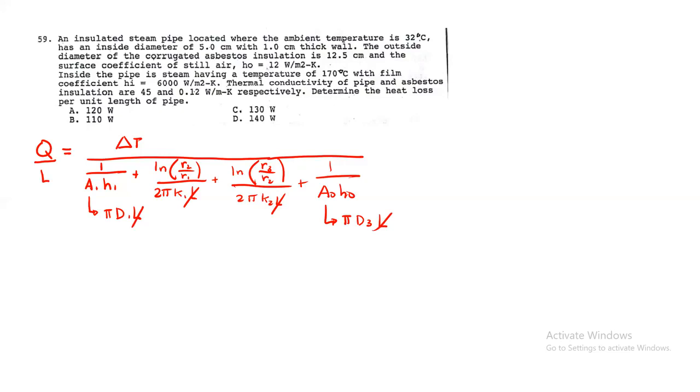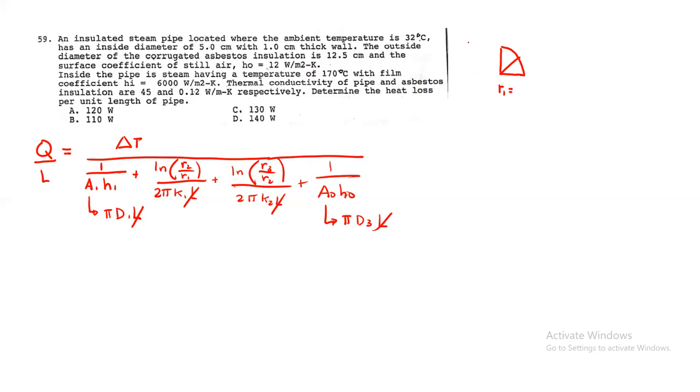So, first, titingnan muna natin dito yung mga radius natin and diameters. Kung i-drawing natin yung pipe, yung quadrant ng pipe natin, ilan bang radius 1 natin? Yan yung pinaka-inside diameter, 5 cm.